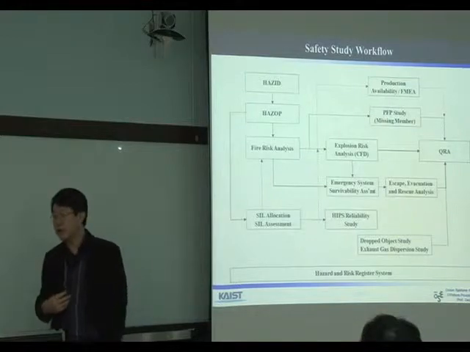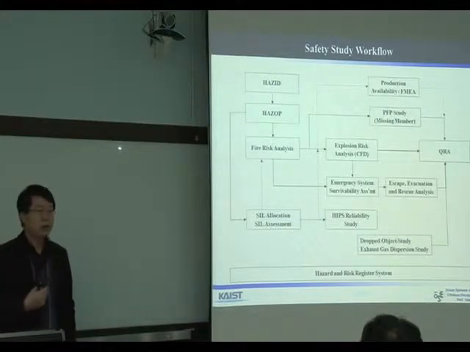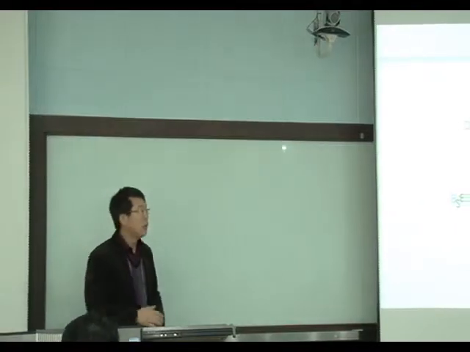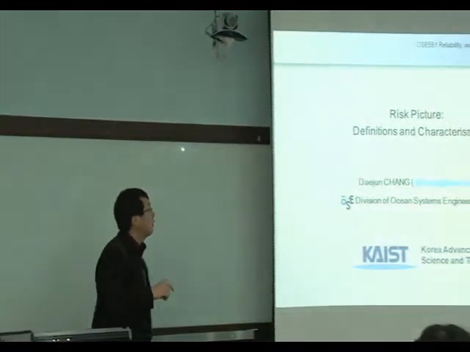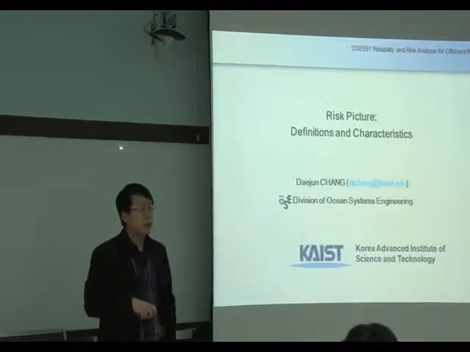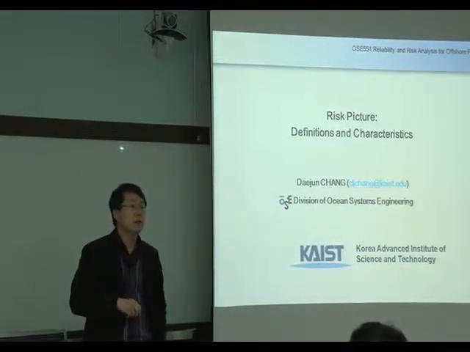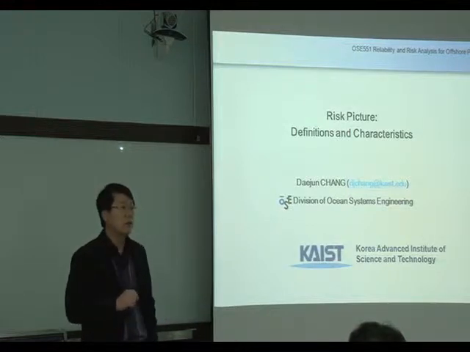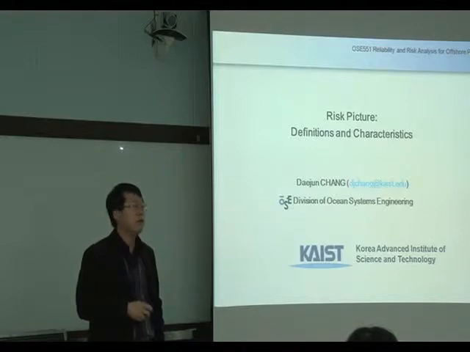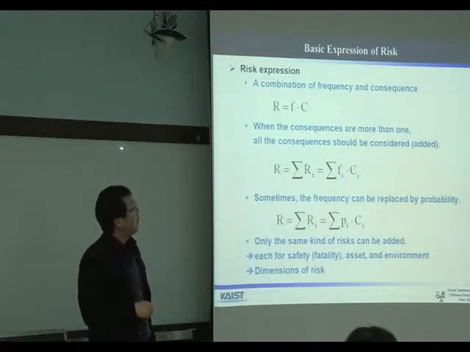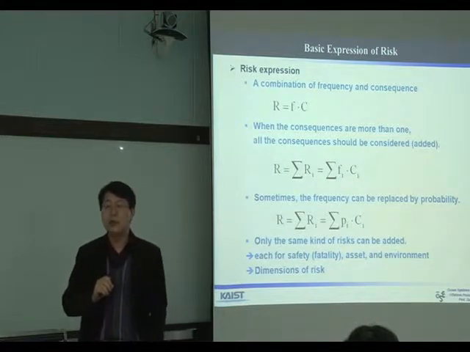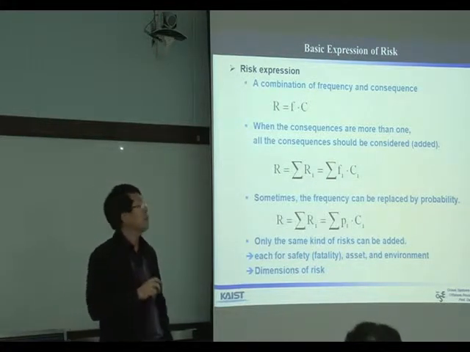That's the overall summary of our last class. Today we will go deeper into risk analysis. Today's topic is definitions and characteristics of several risks. As you know, risk is the combination of frequency times consequence.